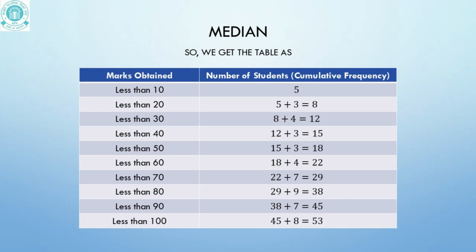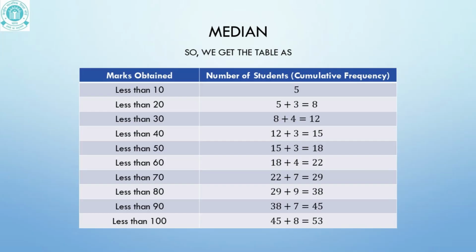The distribution given here is called the cumulative frequency distribution of the less than type. Here, 10, 20, 30 up to 100 are the upper limits of the respective class intervals.